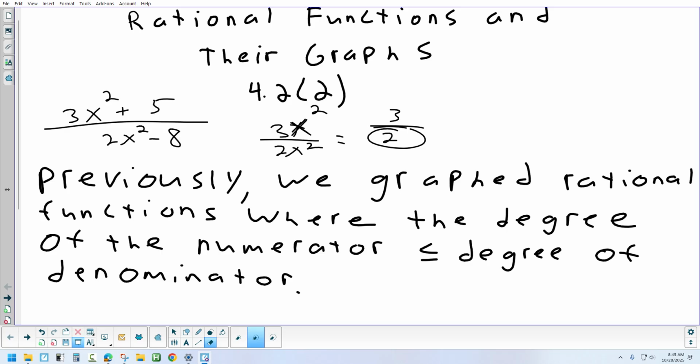So the EBM stays at 3 over 2. Still a horizontal line, but this time it's a horizontal line at 1.5 instead of before it was a horizontal line at 0. Okay. So as long as you're doing the kind of problems we talked about last time that fit this description, you won't ever have to worry about anything other than horizontal and vertical asymptotes.